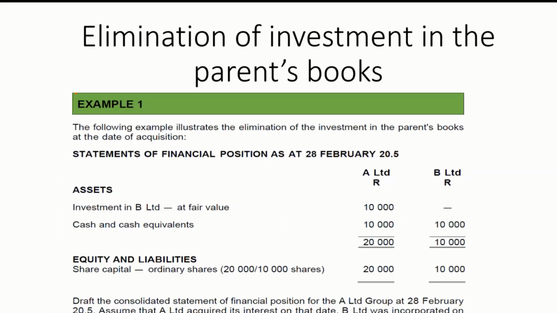So before we do the exercise, I want to explain something to you. The first question that we did, we said that when a holding company buys or invests in a subsidiary, in the group of the holding company or the parent, they will say debit investment, let's say 10,000, credit bank, because I bought an investment of 10,000.